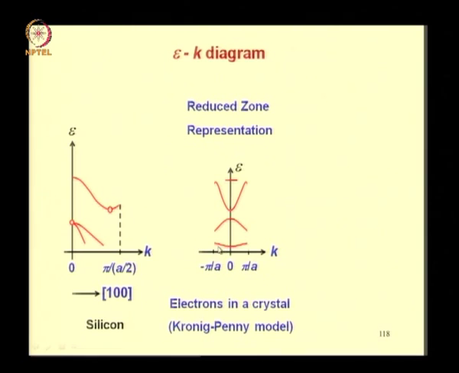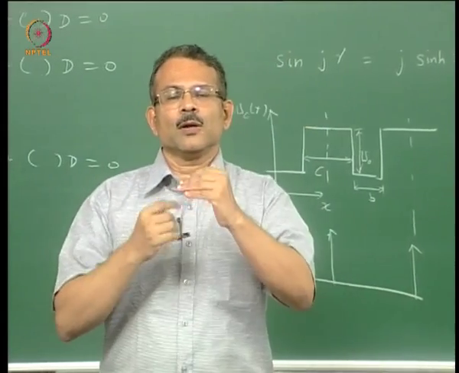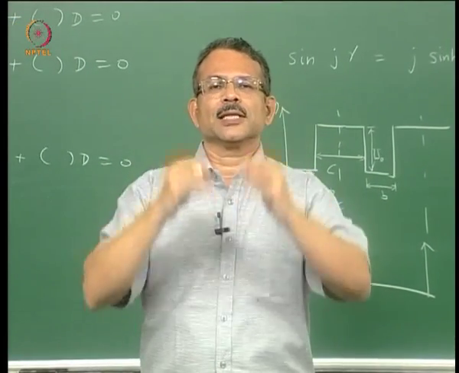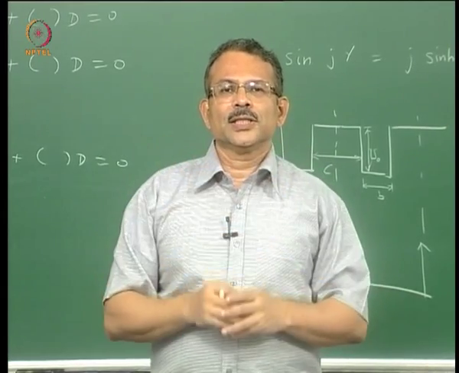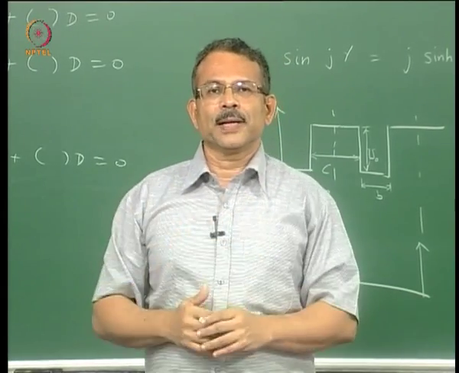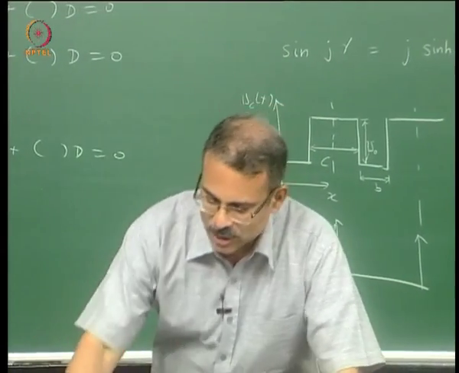These are lower bands. As you know, you have many allowed bands. Normally we are interested in the outermost band, which is the conduction band, because the electrons which have those energies contribute to the properties of the semiconductor, they participate in conduction and so on.